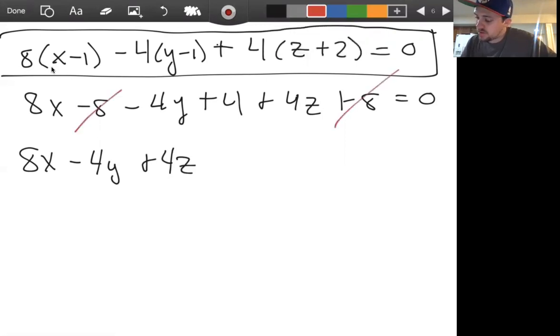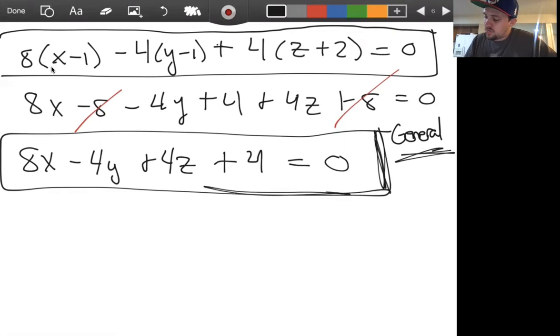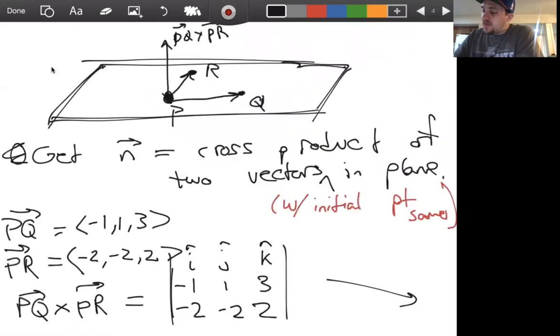Well, we have a -8 plus 8, so that cancels. And it looks like we're just left with a plus 4 equals 0. And here's the general equation. And so in general, no pun intended, this is the form you will express the equation for the plane in. You'll express it in general form. So that's how we can find the equation of a plane containing 3 distinct points.